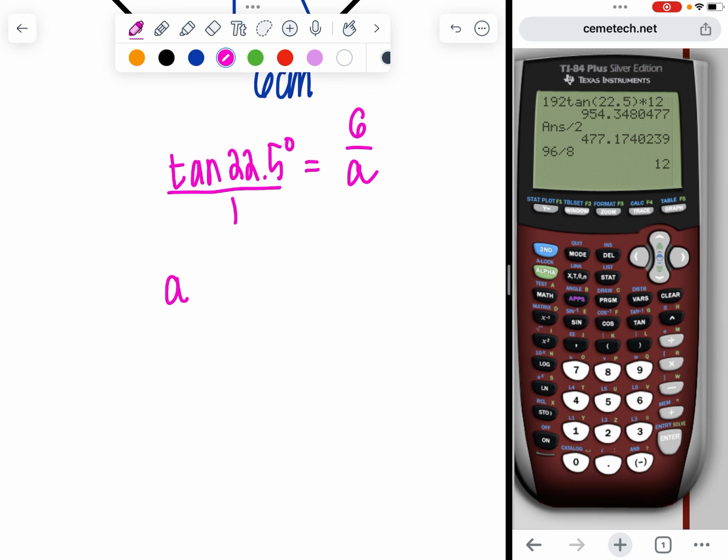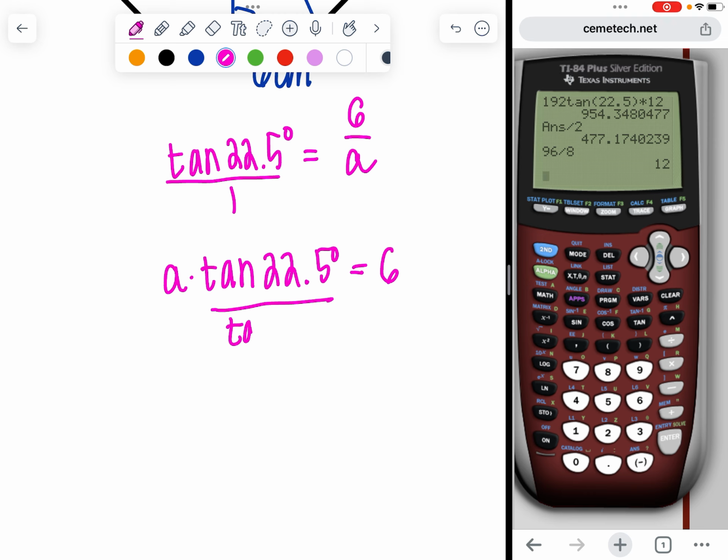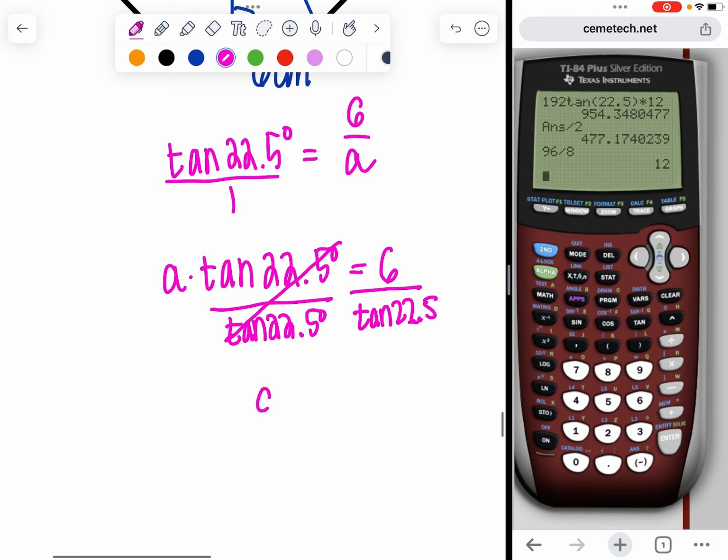I have A times tangent of 22.5 degrees is equal to 6, and then divide both sides by tangent of 22.5 degrees. Let's cancel, and I have A equals this. So I'm just going to copy and paste it. Could have just left it there.